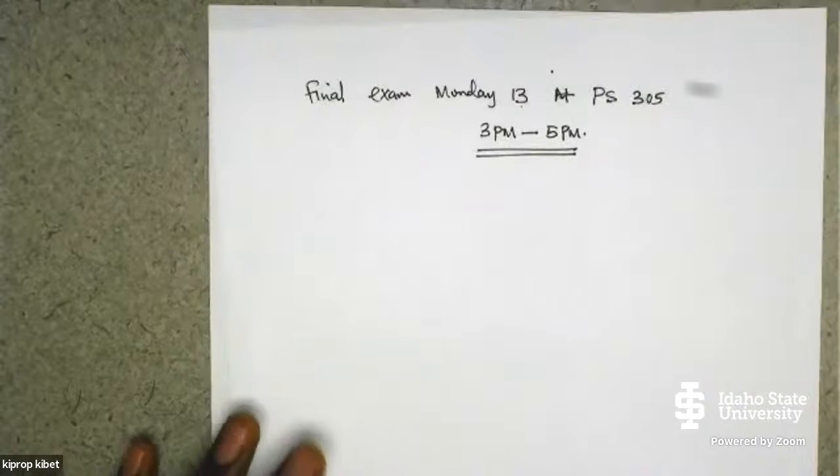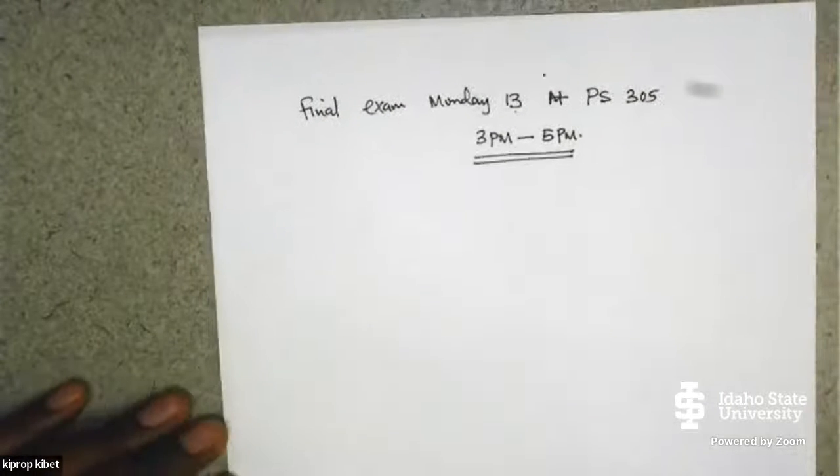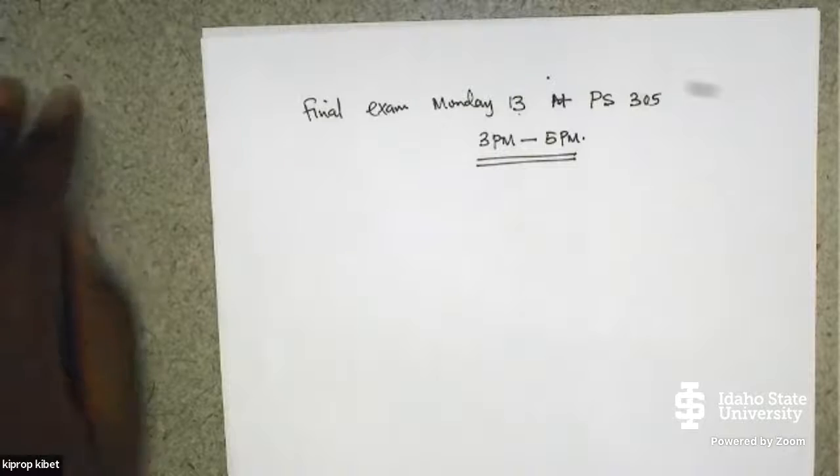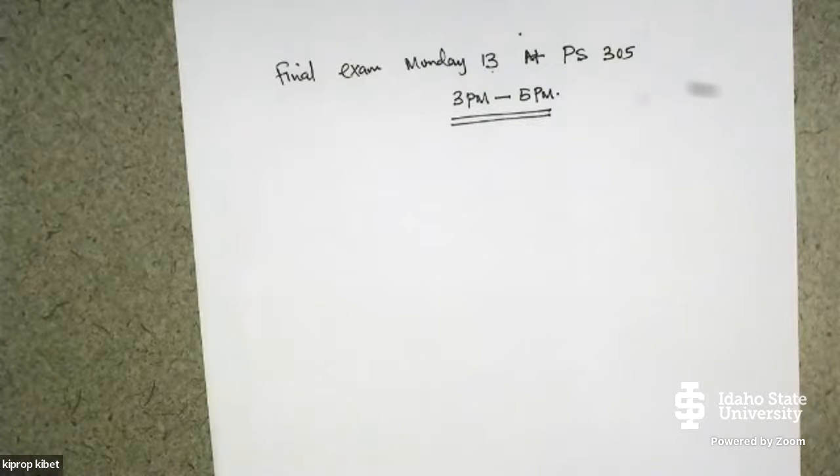You can come with one sheet of paper, and you can write on both sides. You can also come with your calculator. You don't have to come with your notes. So you just come with your one sheet of paper and a calculator. Don't even come with your phone. So that is what it is.